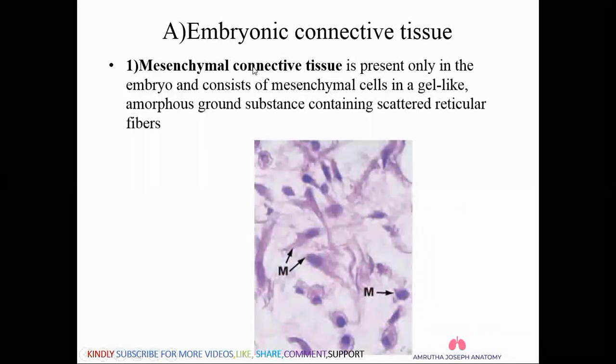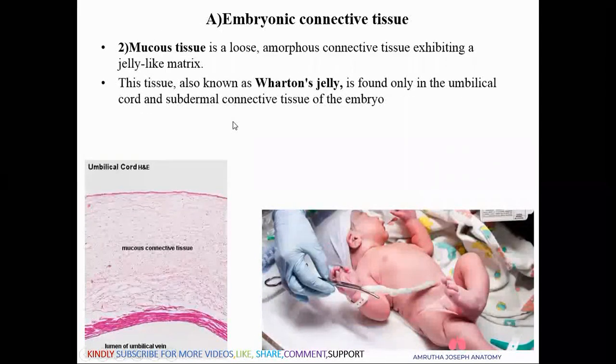The second classification under embryonic connective tissue is mucous tissue. Mucous tissue is a loose amorphous connective tissue, and it also looks like a jelly-like matrix. It is seen in the umbilical cord, which connects the fetus to the mother, and this is called Wharton's jelly.